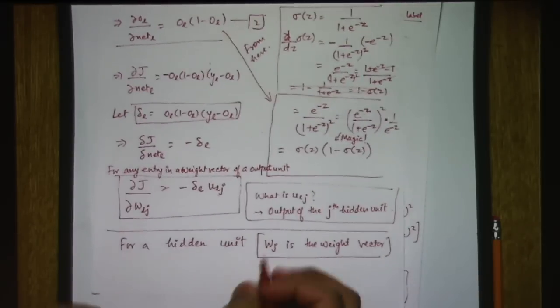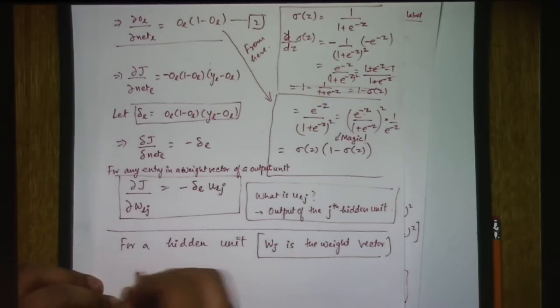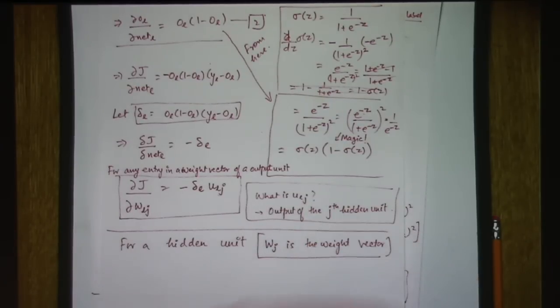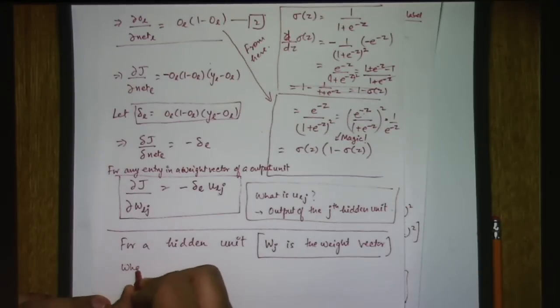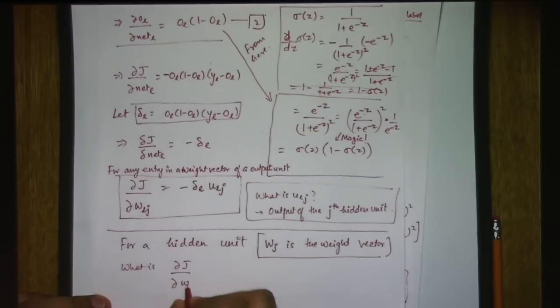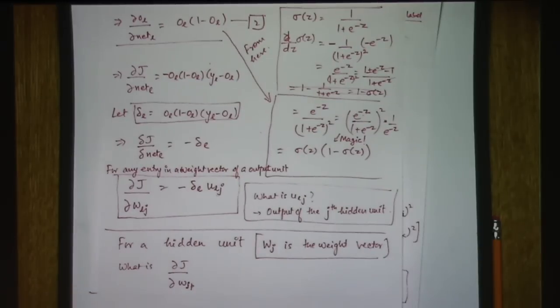So within that jth weight vector, what will be the partial derivative with respect to the pth element inside that j vector? Because this weight vector will have d plus 1 elements inside. So we have to compute the partial derivative with respect to each one of them. That's what we're going to see.